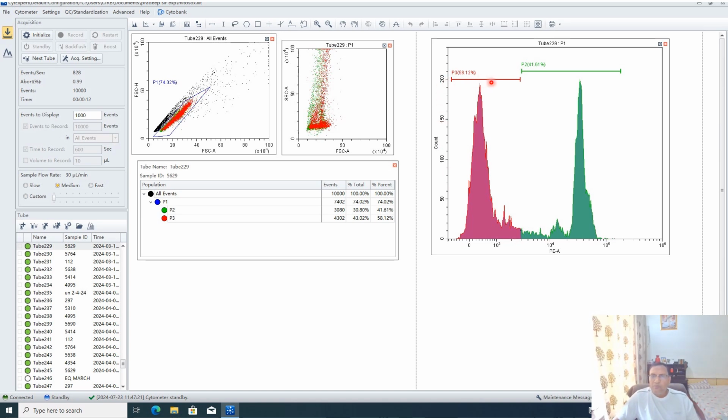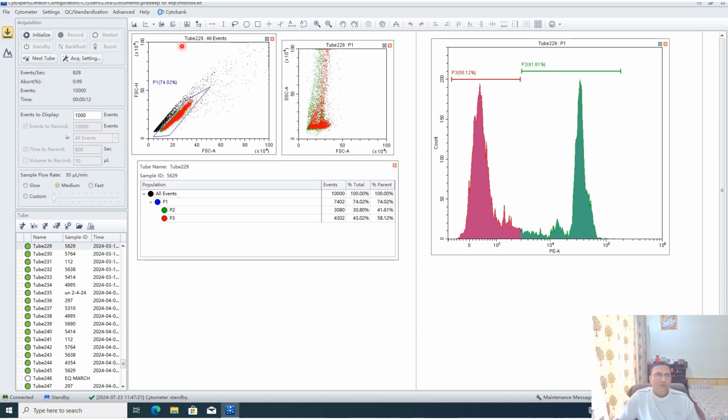When we see the autogate, we can see that out of this P1 population, 58% of cells were MitoSOX negative, meaning there is no excess production of superoxide in this cell population, while 41% of cells are MitoSOX positive, meaning the mitochondria produced excess superoxide. So these mitochondria are not healthy, and ultimately your cells are not healthy.